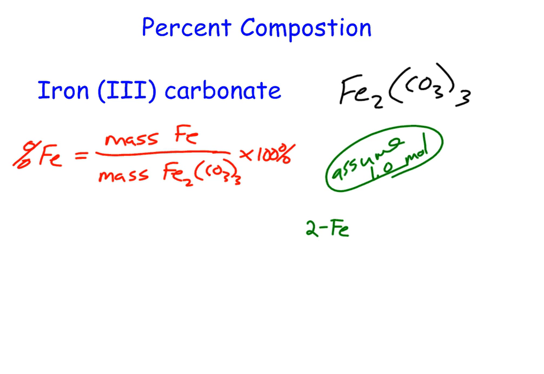and each mole of iron having a mass of 55.85 grams would give us a mass of iron in that 1 mole of 111.7 grams.